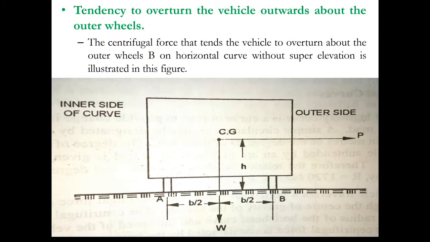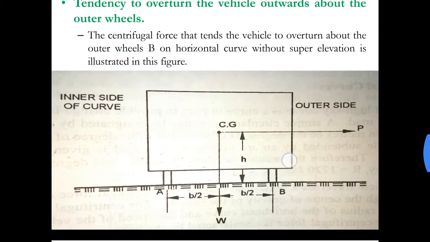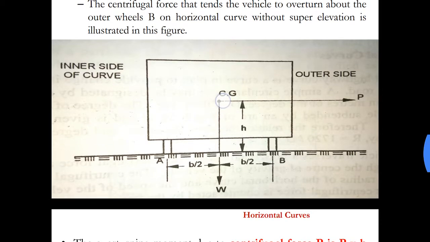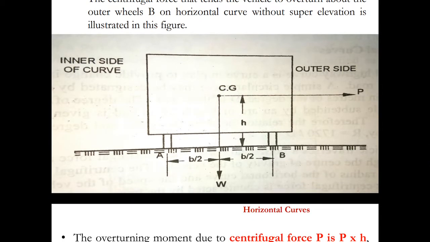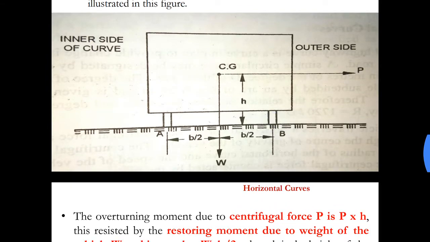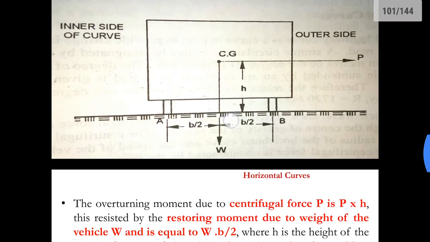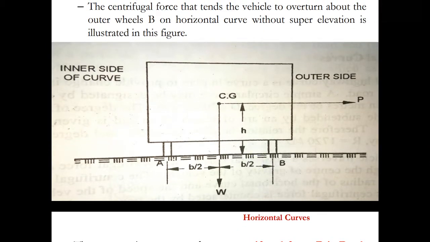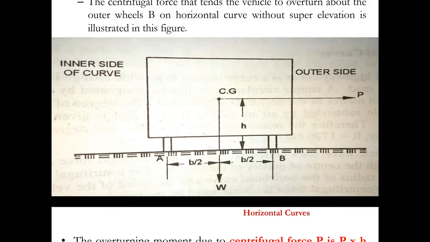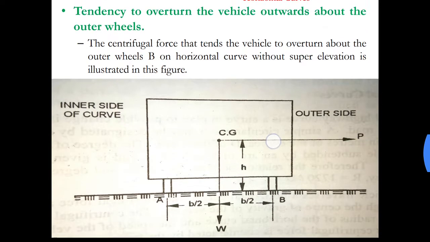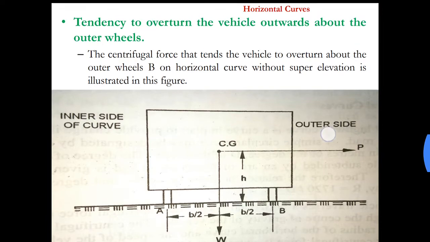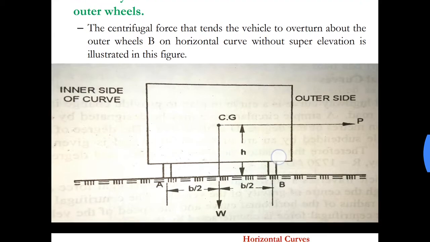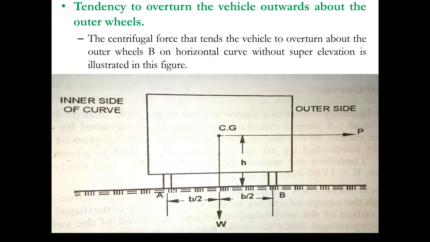When we look at this diagram, the weight of the vehicle acts downwards from the CG. The width between the two wheels is B, and hence it can be denoted from the center as B by 2. P is the centrifugal force acting on the vehicle towards the outer side, and let H be the height between the road surface and the CG of the vehicle.